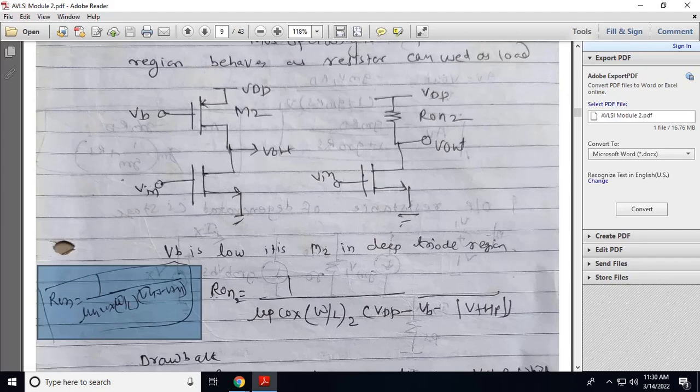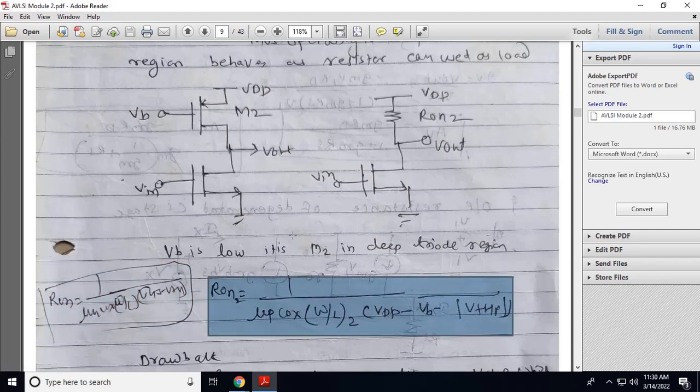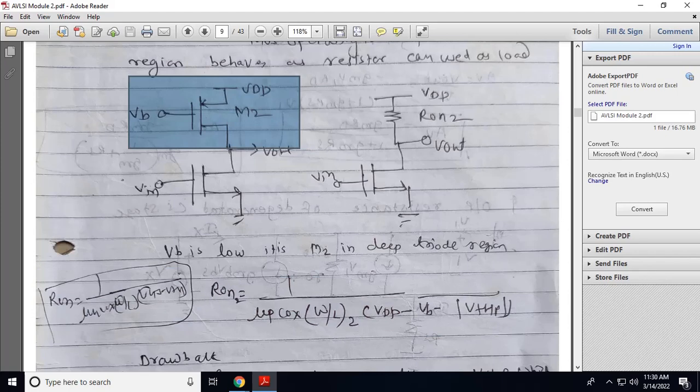So for this case, Ron2 for transistor 2 is equal to 1 upon mu p Cox, because this is a PMOS, size of 2, that is W by L, into VGS minus VTH. So source minus gate voltage, that is VDD minus VB minus the threshold voltage for PMOS.